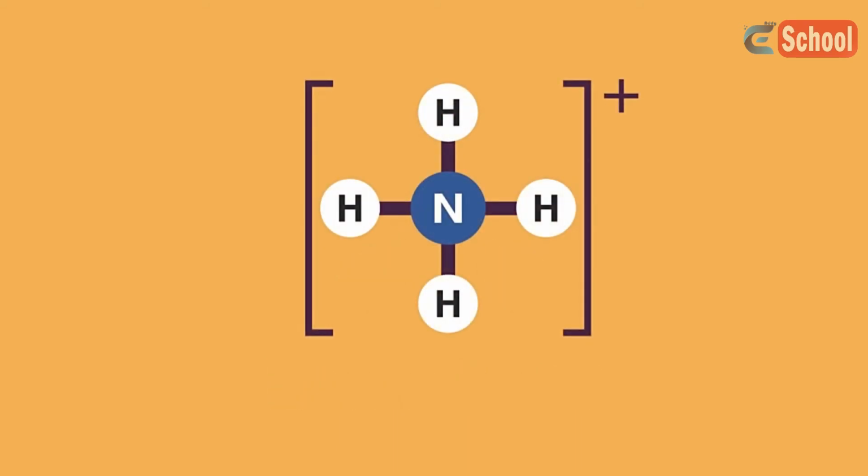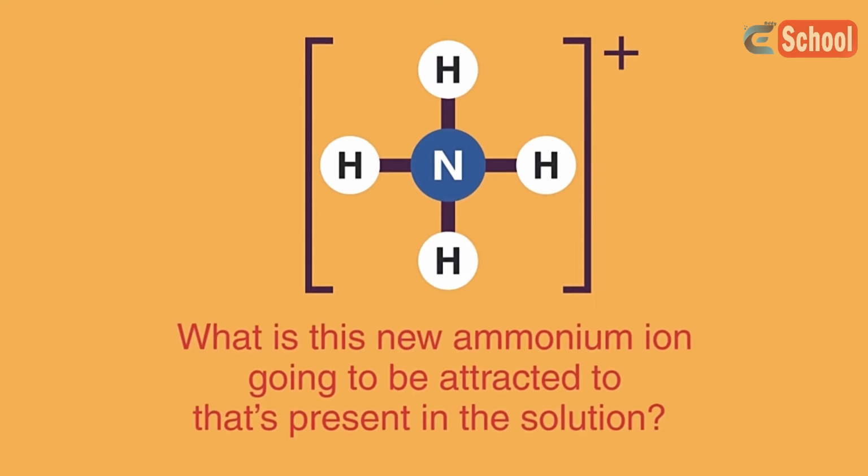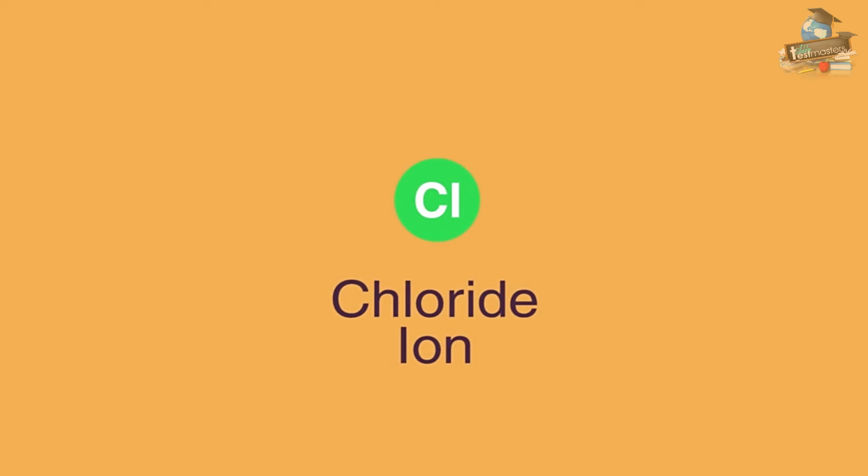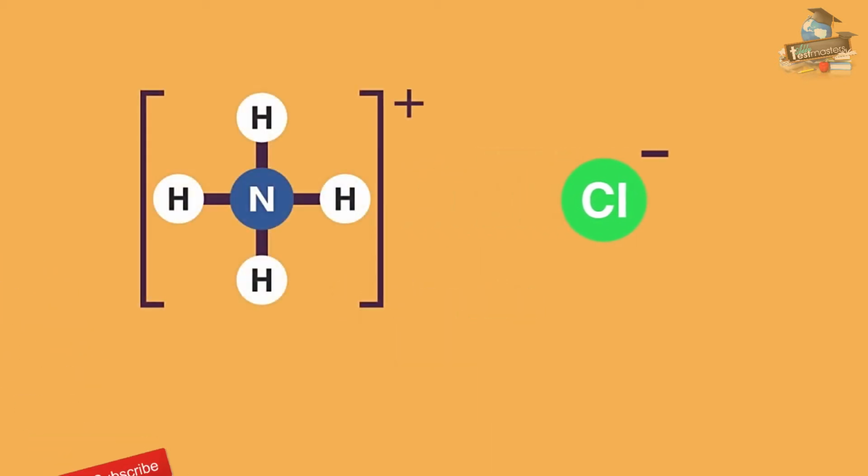Now here's another question. What is this new ammonium ion going to be attracted to that's present in the solution? Pause again and think. The answer is the chloride ion, which has a -1 charge. Now remember your ionic bonding. What are the ratios going to be for the ammonium chloride salt that is created? It's 1:1.